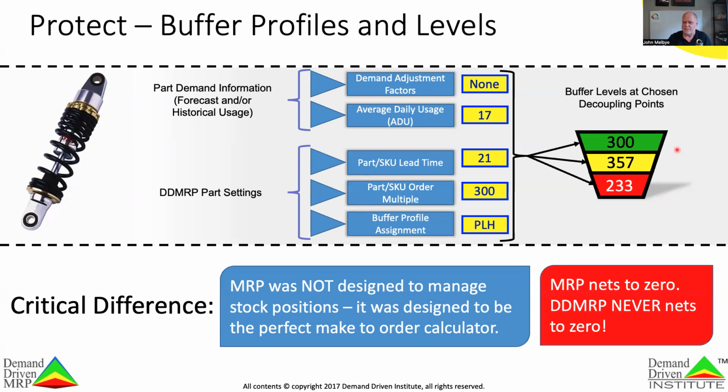And before I move ahead, a little note of caution. The buffer of this size is not the total bucket of inventory we hope to have. The inventory level will sit somewhere here above the red and partway up into the yellow. That's our expected on-hand inventory.